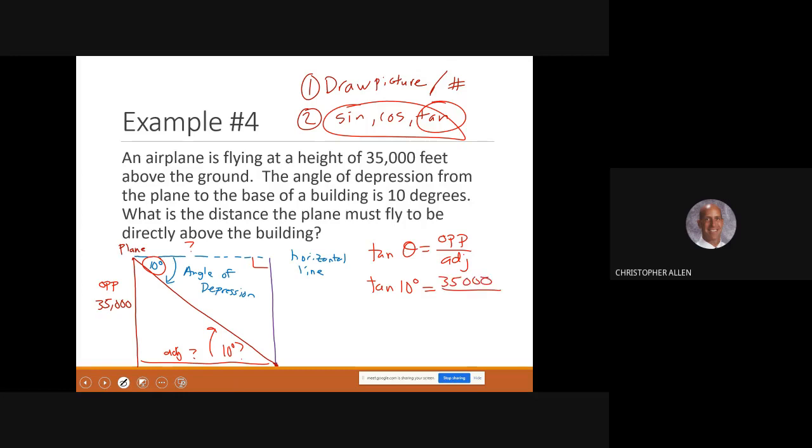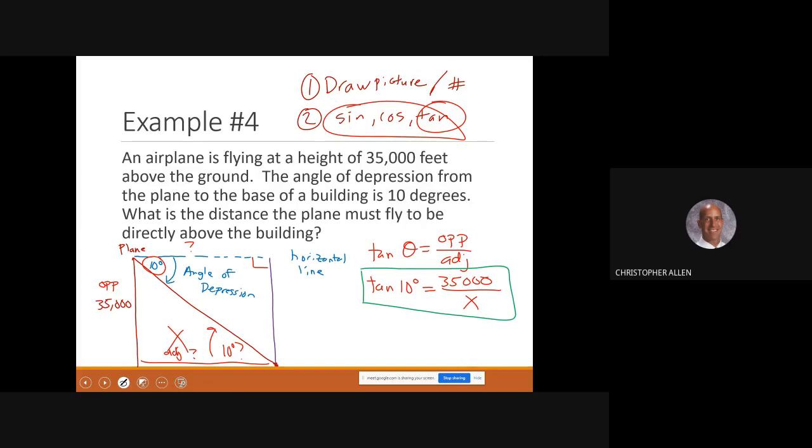And what is the adjacent side? That's the part I don't know, so I'm just going to call that x. So how do I find x? Let me circle this first. This equation is the key to this problem: tangent 10 equals 35,000 over x.